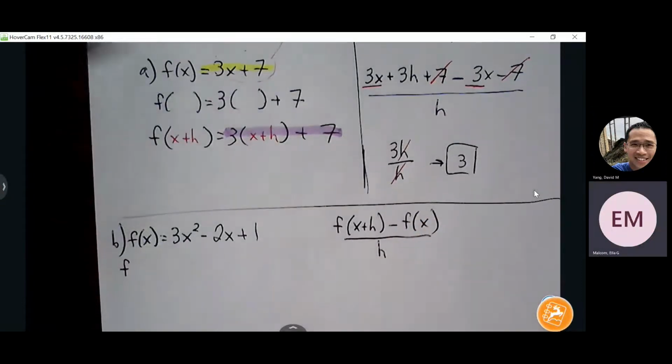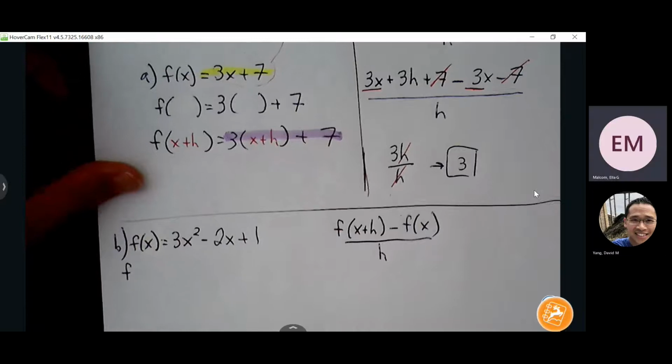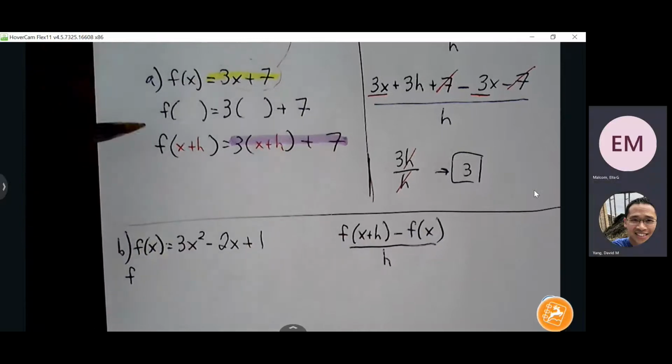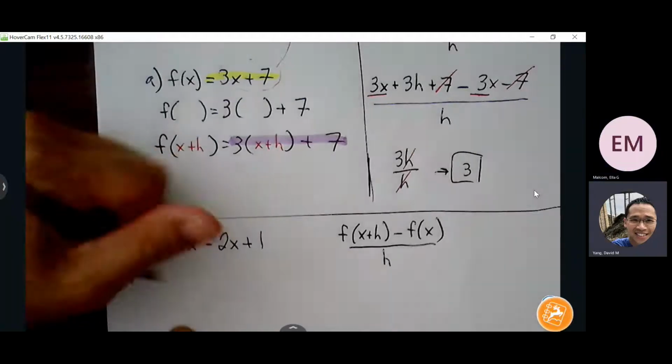Okay, so the f of x can go into that, but then is it going to be the same thing where we take x plus h and plug it into all the x's? Exactly, yeah.